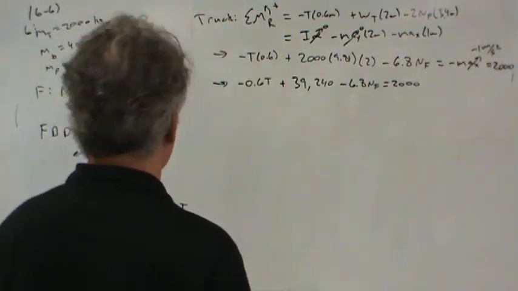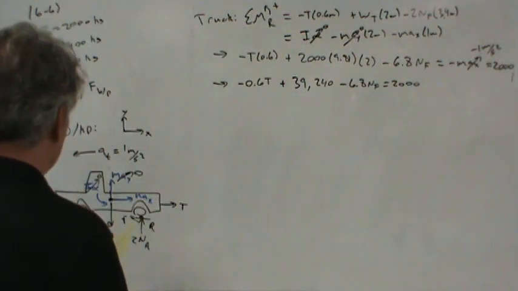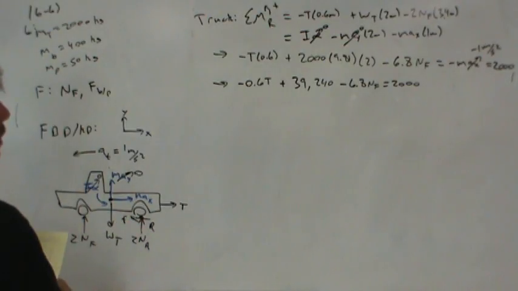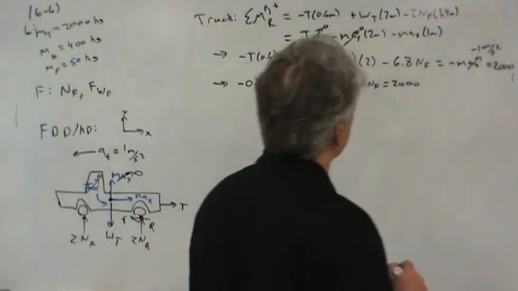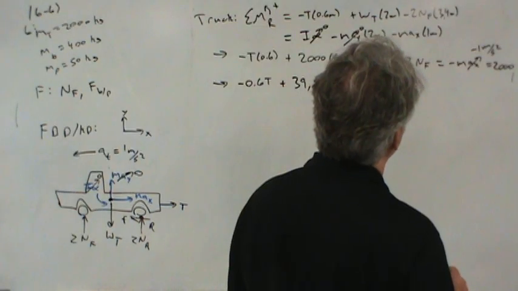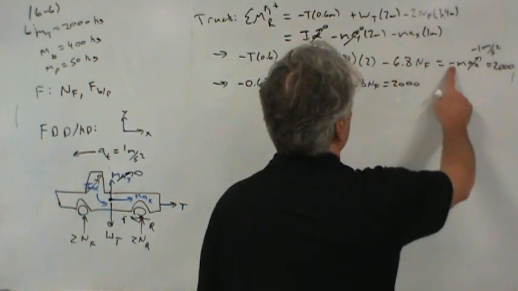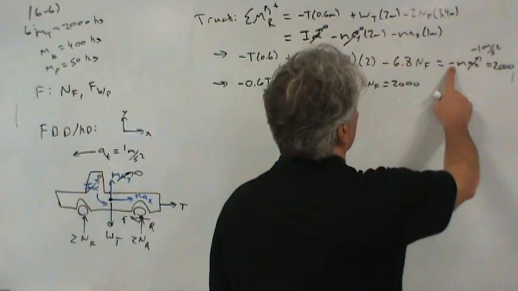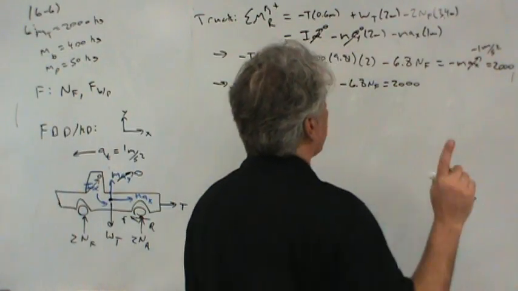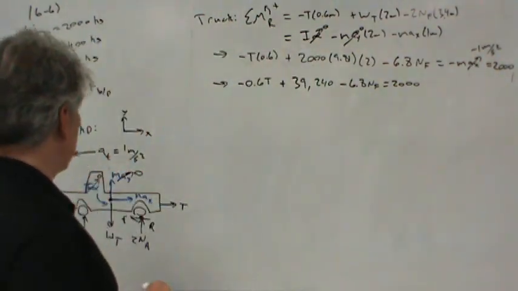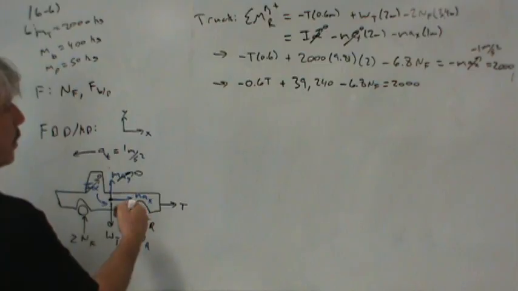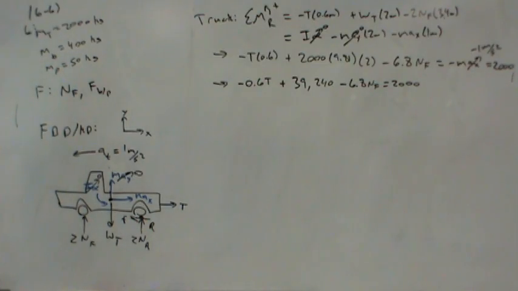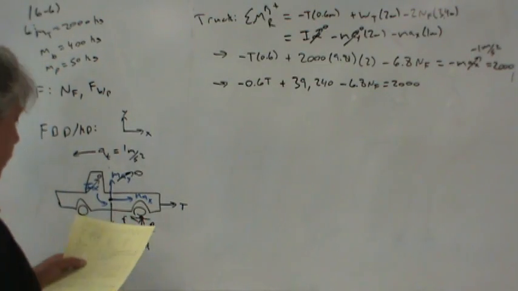Why did I do that? MAX, yeah, that's right. I may have a mistake in my solution. This negative sign comes from the moment. And this negative sign, there's my problem. So the acceleration is actually in that direction, so we should get positive. Actually, that's correct. I'm not sure what's going wrong.